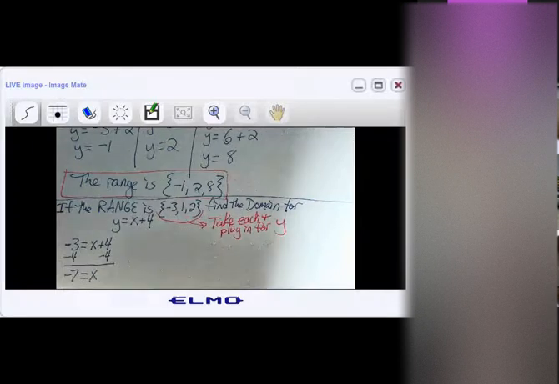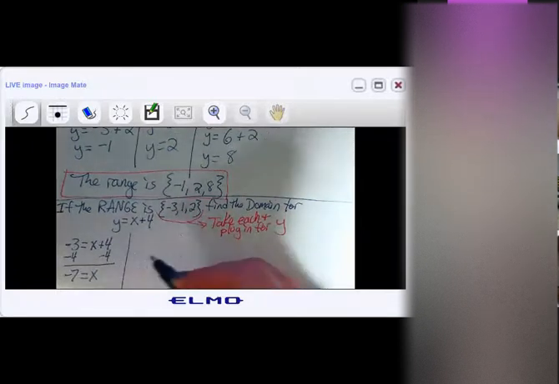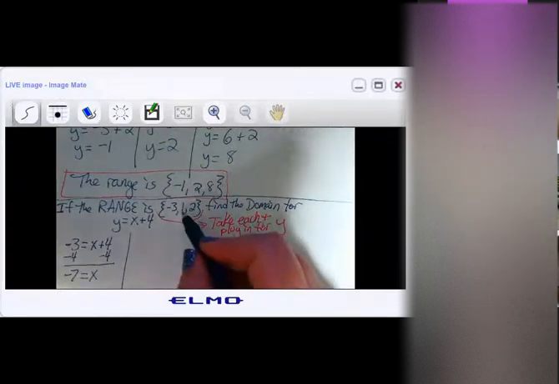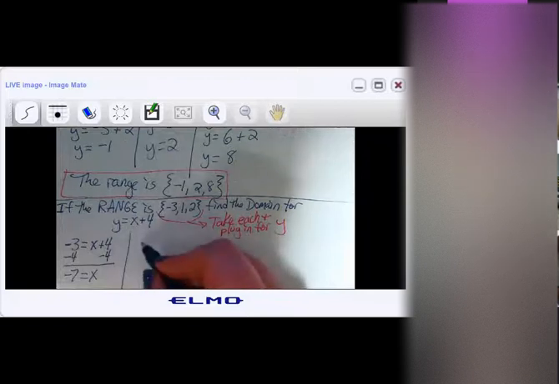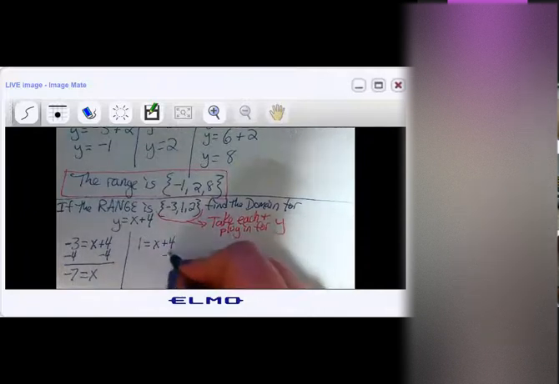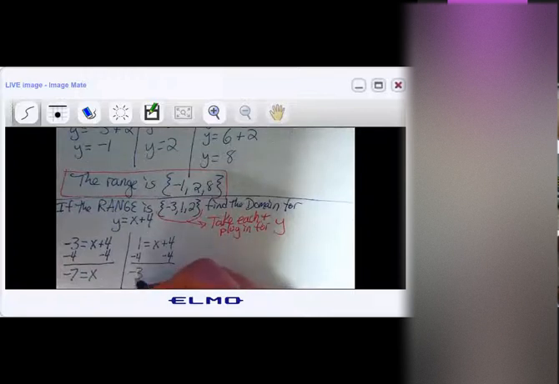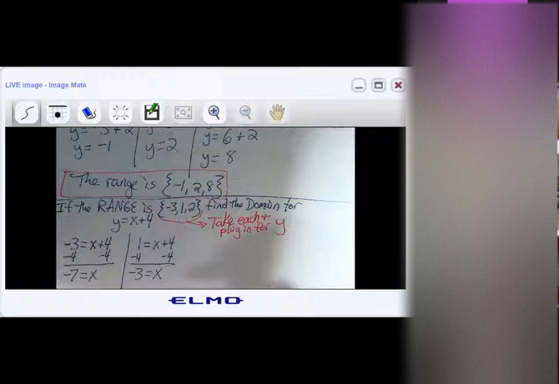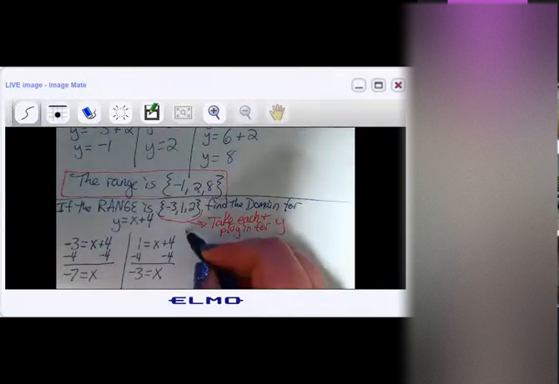And then I just do the same thing with the other ones. So now I'll take +1 and I'll put it in place of the Y. So 1 equals X plus 4. And then I do the same thing. I'm still just going to subtract that 4 from both sides. So now I have my second answer is -3. So you guys go ahead and do the last one.